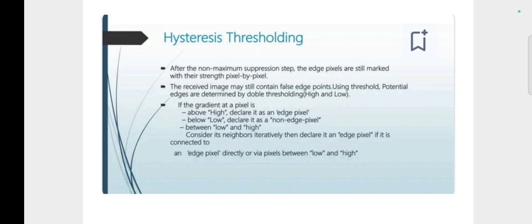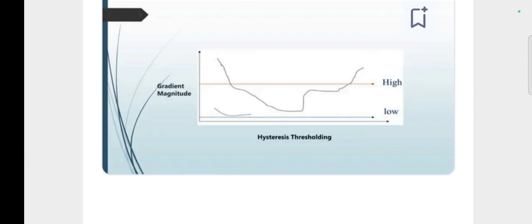Between low and high, consider its neighbors iteratively, then declare it an edge pixel if it is connected to an edge pixel directly or via pixels between low and high. Here comes the gradient magnitude hysteresis thresholding mapping, showing how the high and low levels are marked effectively.